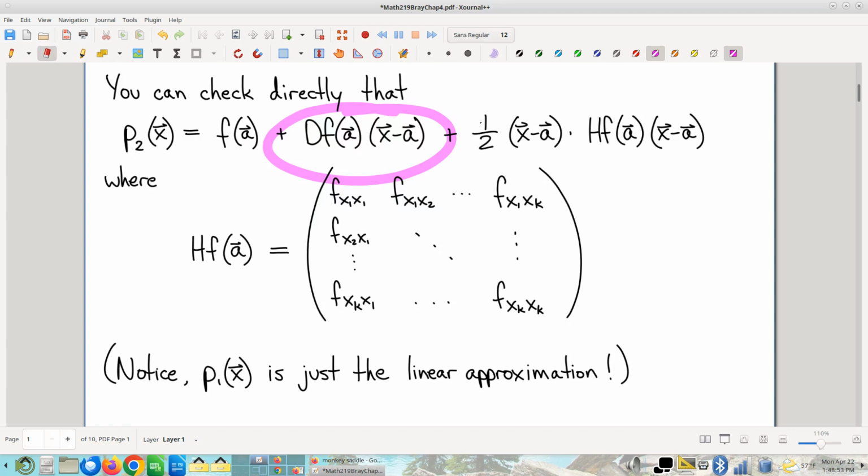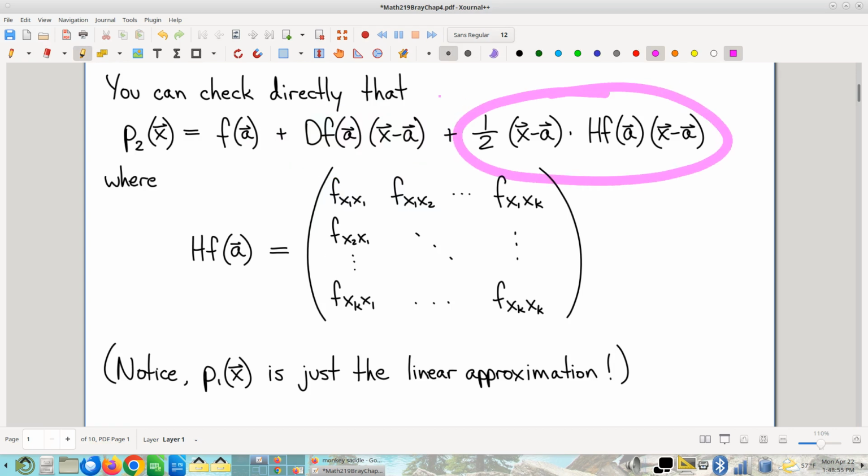And where things get a little weird is this second order term. This is actually pretty strange, I'll say unexpected. Notice there's a matrix vector product, and then that gets dotted with x minus a. So it's a strange construction, but a couple things I'll point out. First of all, that is a known construction. That's a quadratic form. Y'all may remember quadratic forms from Math 219. And it turns out there are cool things that we can say about quadratic forms, especially when the matrix in question is symmetric.